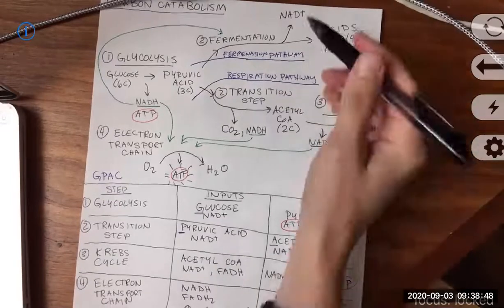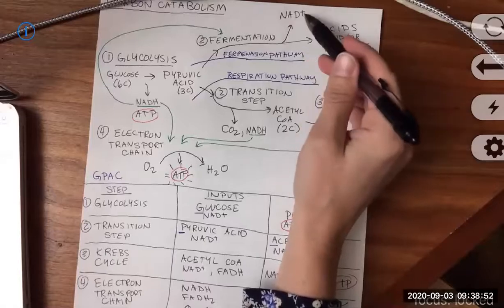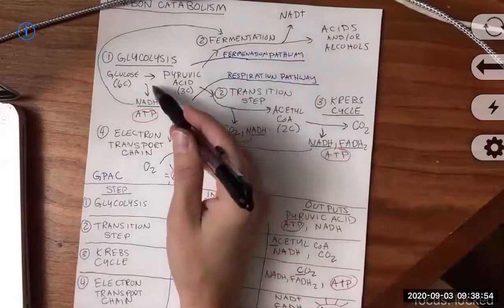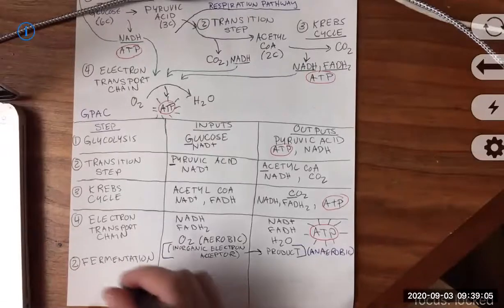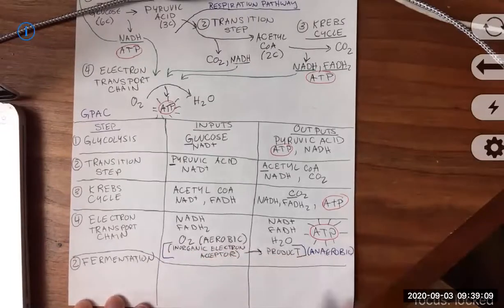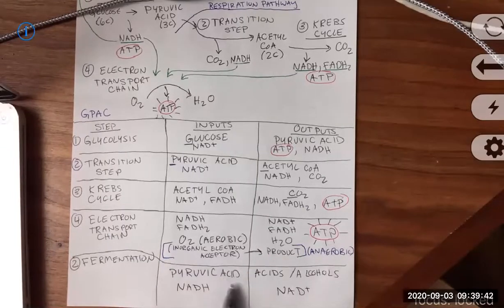And this is a really important thing, to regenerate NAD+, so that there's enough electron acceptor to continue glycolysis. So let's fill in our table down here for fermentation. As you can see, the major inputs are pyruvic acid and NADH, and then outputs would include acids, alcohols, and NAD+.